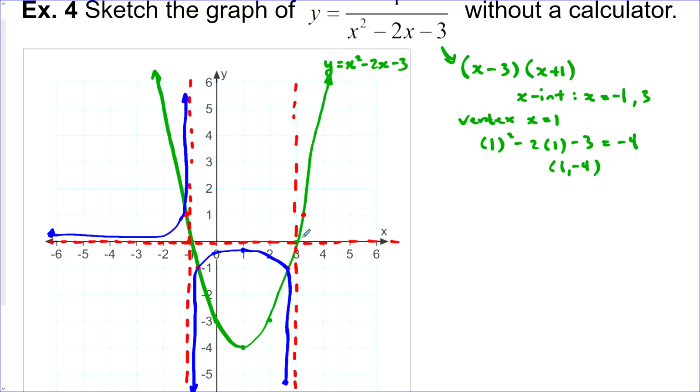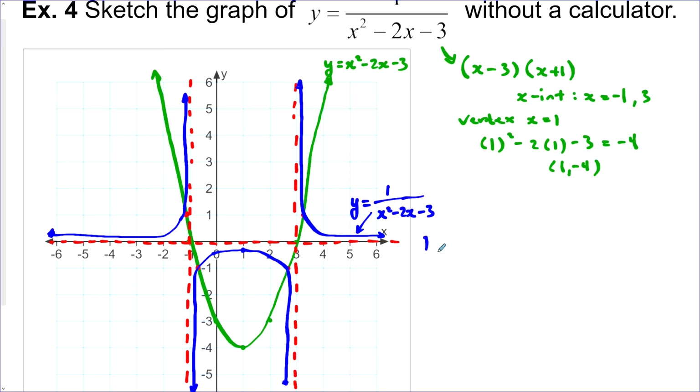And then the graph is increasing in this one, so my reciprocal graph needs to be decreasing, and it also needs to pass through this invariant point there. And there we go. So these three blue pieces are part of the same graph, but they're broken up by the asymptotes. So this is y equals 1 over x squared minus 2x minus 3.